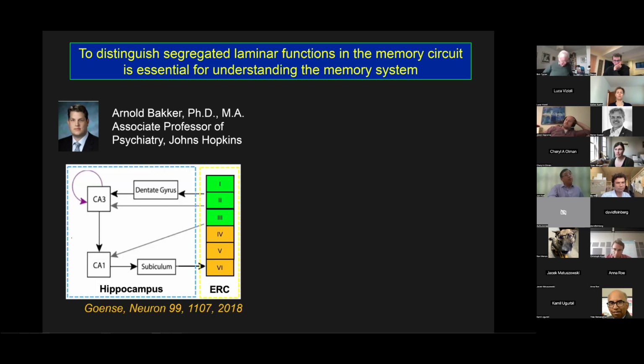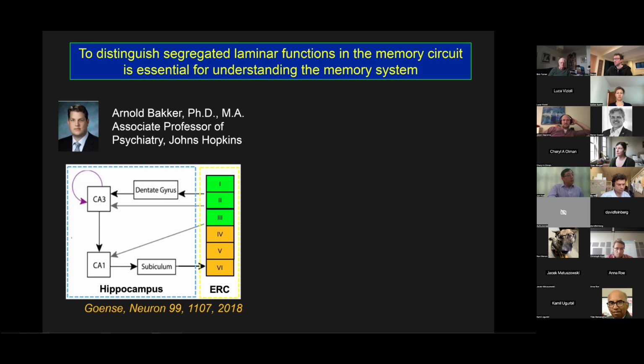For years, they've been looking at the hippocampus region and also the entorhinal cortex region, using especially structural imaging and 3D functional imaging to look at changes in aging and dementia in these regions.